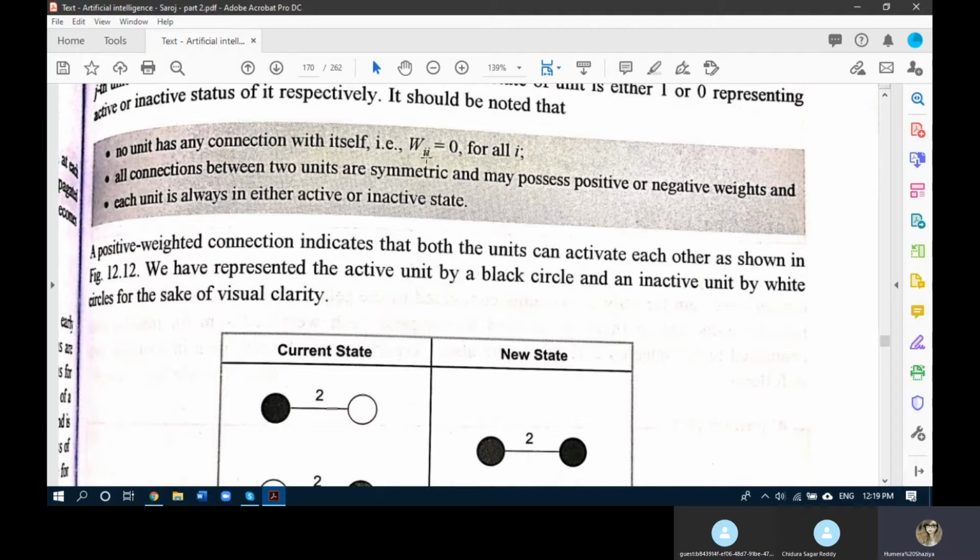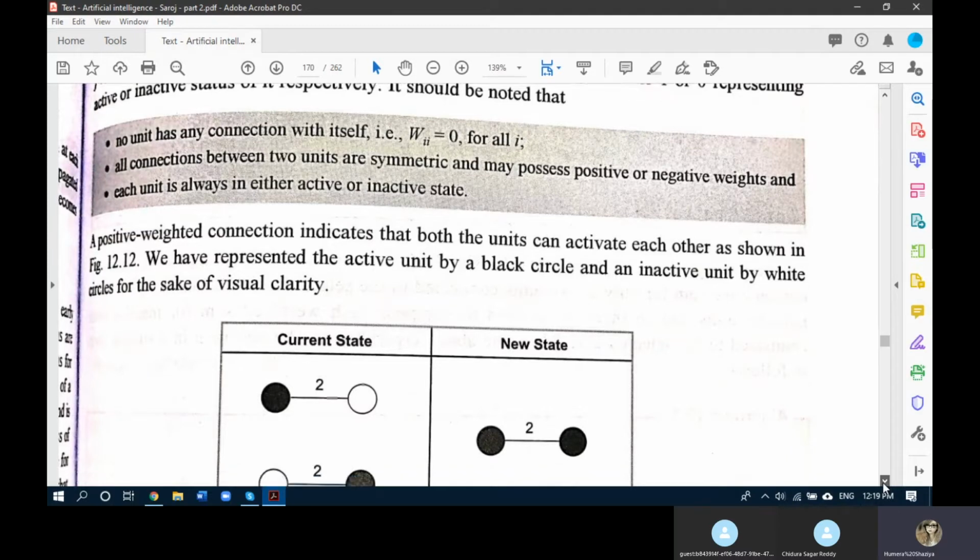A node cannot connect to itself, and all connections between two units are symmetric and may possess positive or negative weights. Symmetric, both sides weight is equal, this side or that side, and it can be negative or positive. And each unit can be in active state or inactive state.